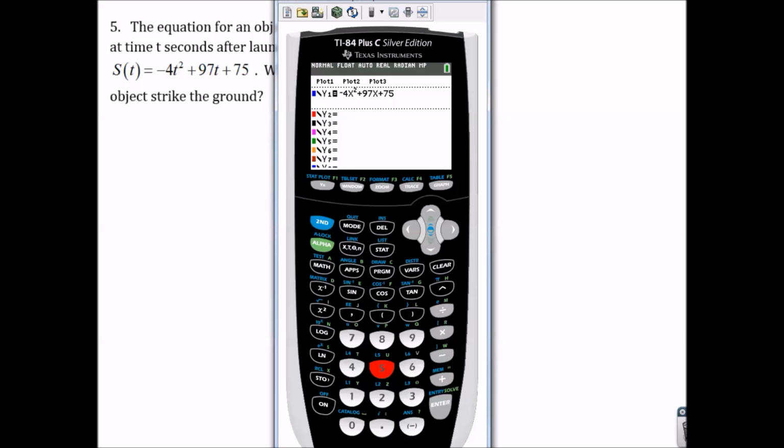All right, and then because these are larger numbers, you're definitely going to have to zoom out. Your regular window will not be sufficient. So I'm going to click Window, and I'm going to adjust these. Change X max to about 100, and count by tens, and change Y max to 100, and count by tens.